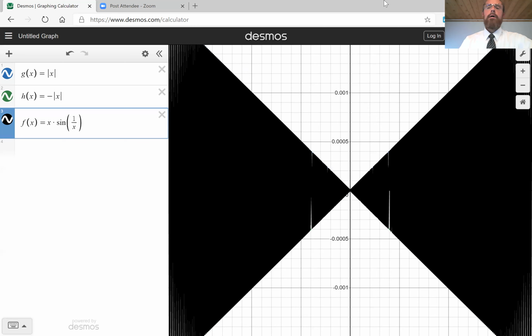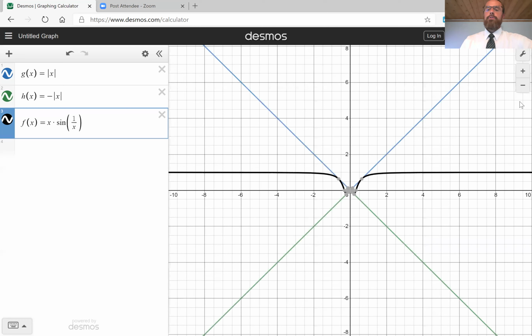Well, with that in mind, I'm going to hit home again just to get another image of this picture. So I see that it has a horizontal asymptote at 1, and then it does this crazy oscillation in between kind of negative 0.75 and 0.75. So let's go back to our note screen to record that.